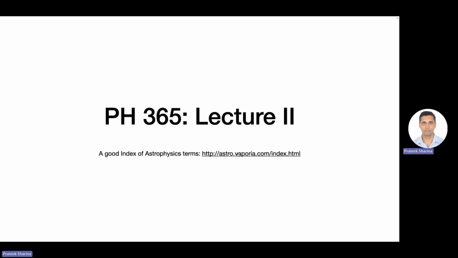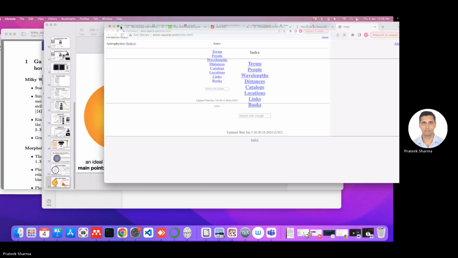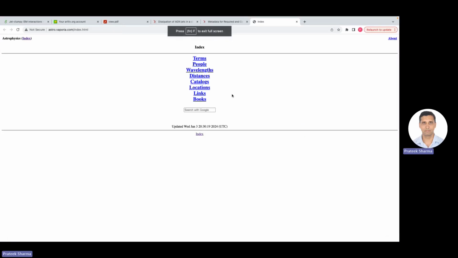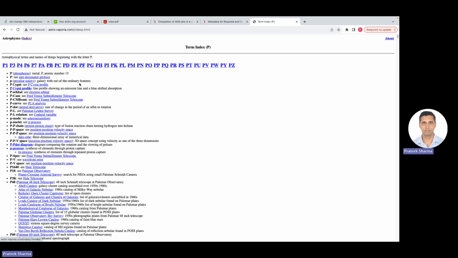By the way, this is a nice web page where you can find terms related to astrophysics. Say terms, let's say P. P Cygni, P cam, P Cygni.